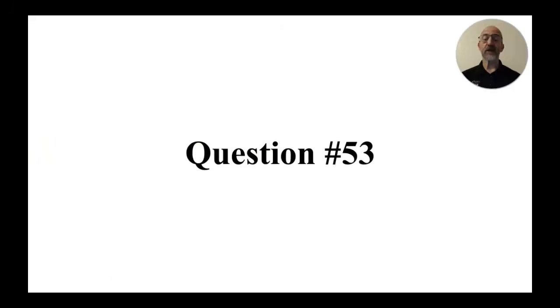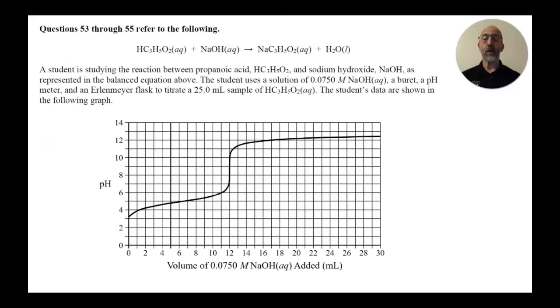Now, as we take a look at question 53, we can see another example of a multiple choice question set. So questions 53 through 55 refer to the following information. It says a student is studying the reaction between propanoic acid, HC3H5O2, and sodium hydroxide, NaOH, as represented in the balanced equation above.